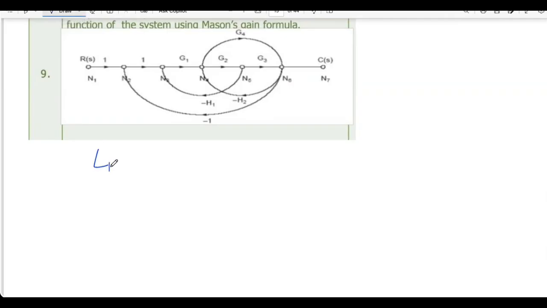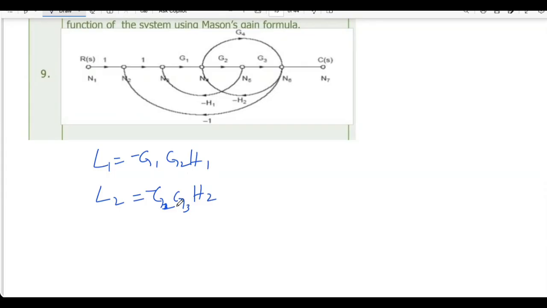L1 is G1, G2 minus H1. This is one loop. L2 is G2, G3 minus H2.